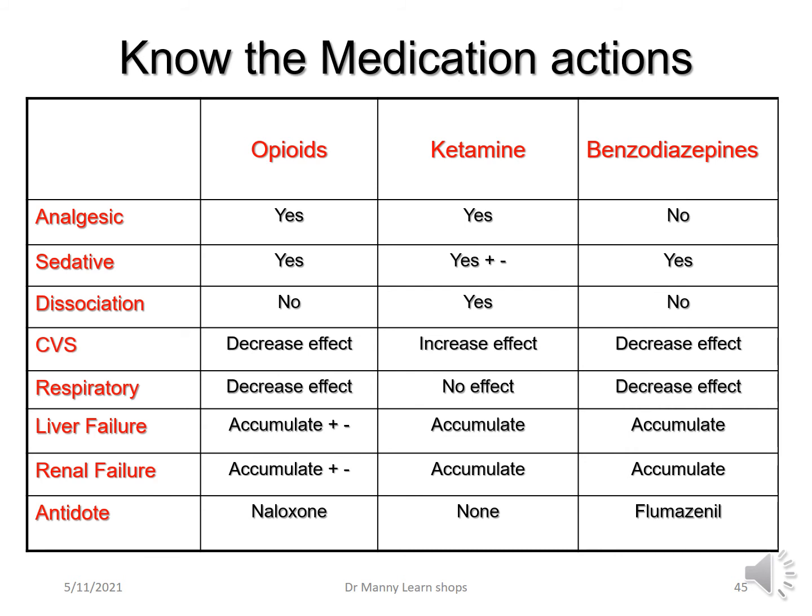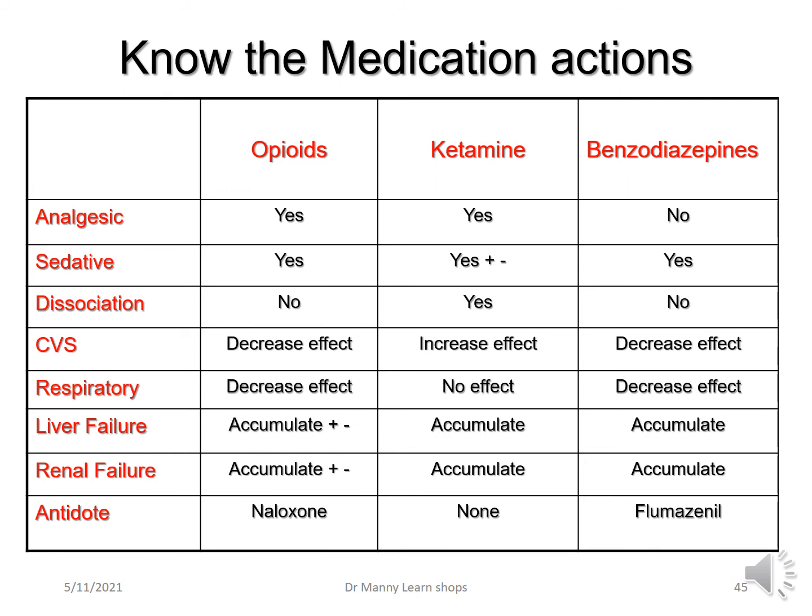Because remember, when you become hypotensive, you get a reflex tachycardia as a consequence. Respiratory, depression. Ketamine, no effect typically. Sometimes it can cause a little bit of bronchospasm, but it's a rare adverse effect, ketamine. Respiratory, benzodiazepines, it can have an effect. Respiratory depression, hopefully not failure.